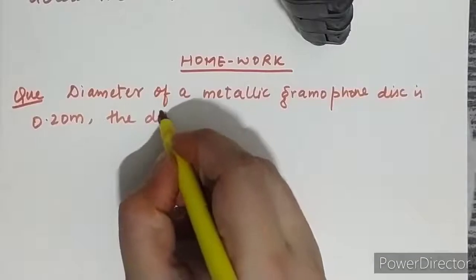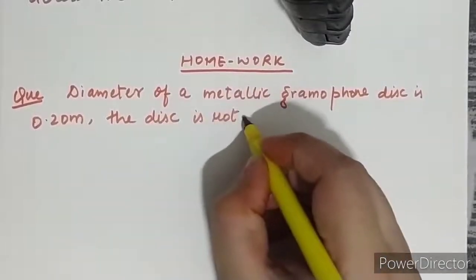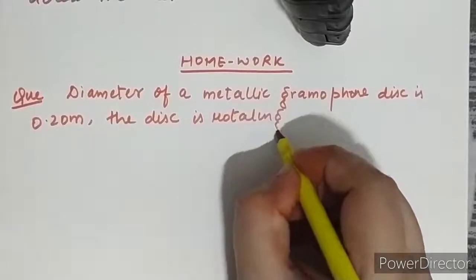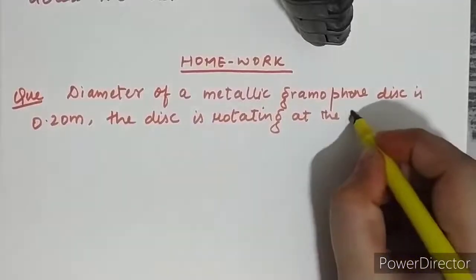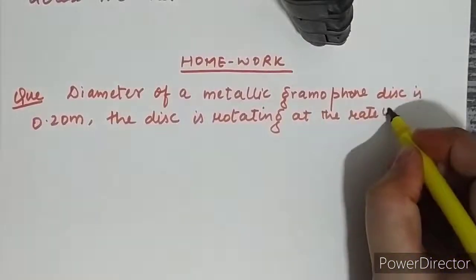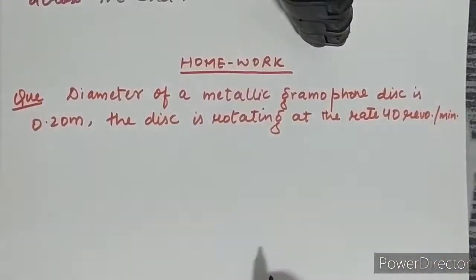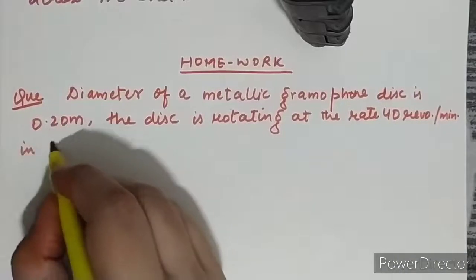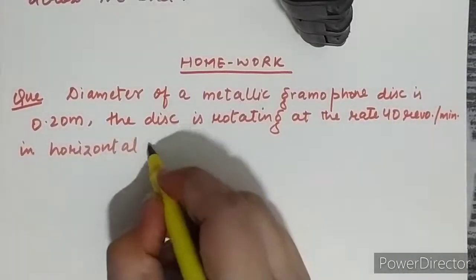The disc is rotating at the rate of 40 revolutions per minute in a horizontal plane.